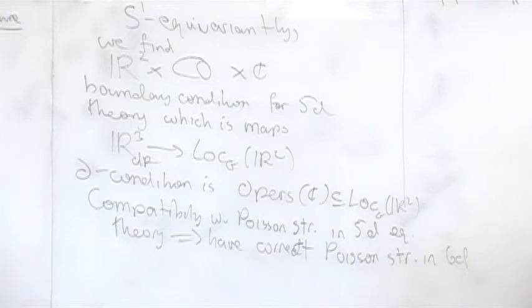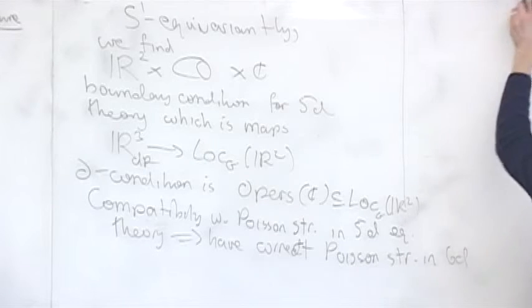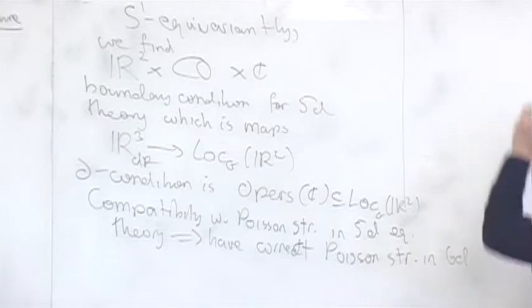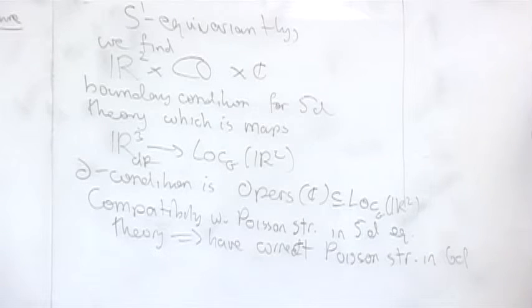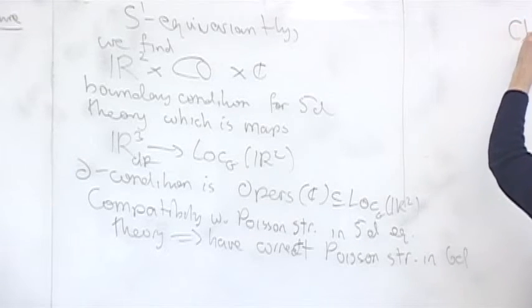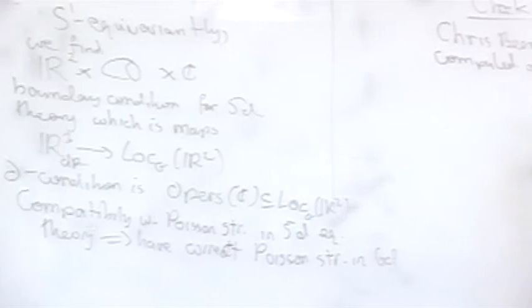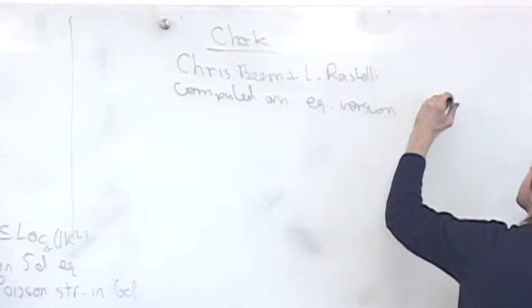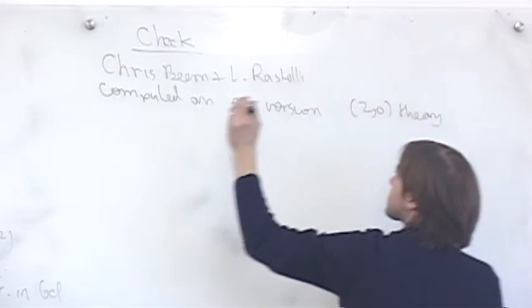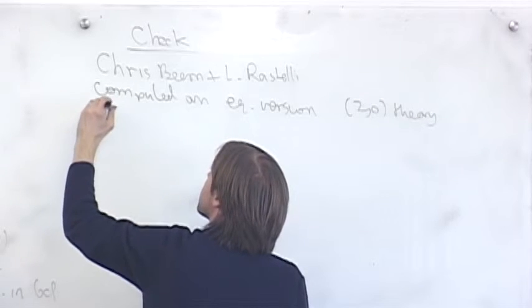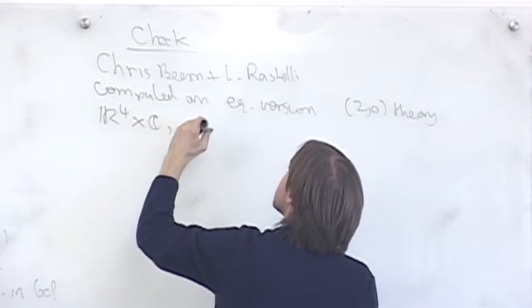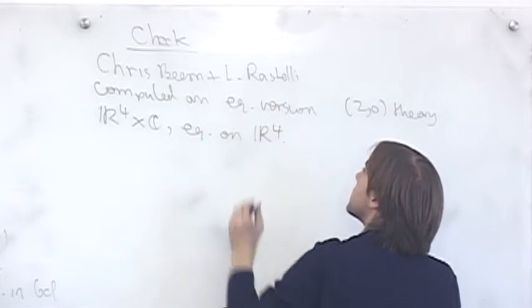OK. I'll give you one more check. So Chris Beem and Leonardo Rastelli computed a kind of equivariant version of the 2-0 theory, on R4 cross C and equivariant on R4 with respect to 2 rotations.